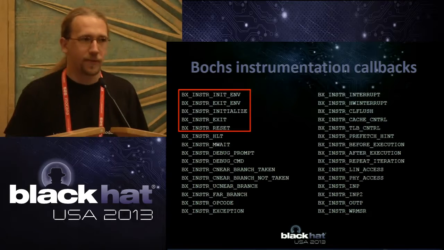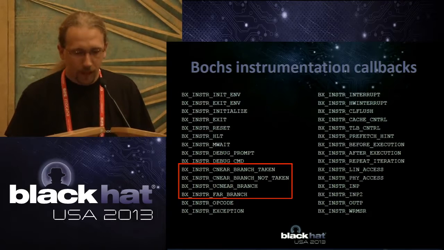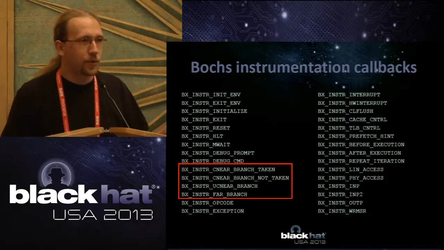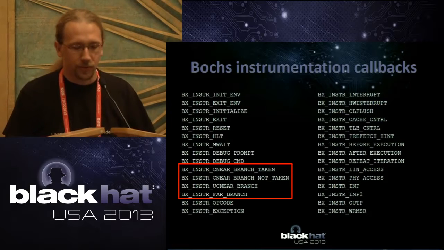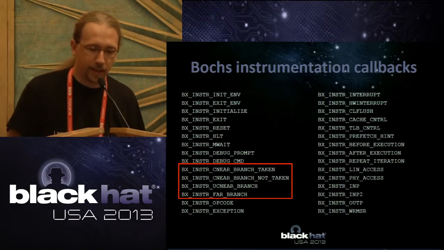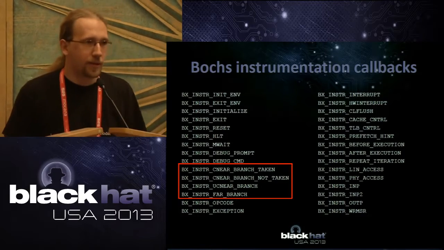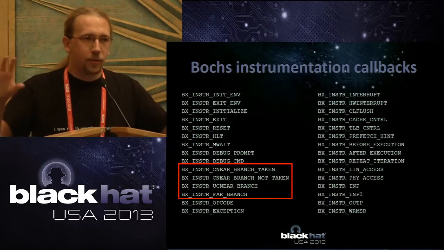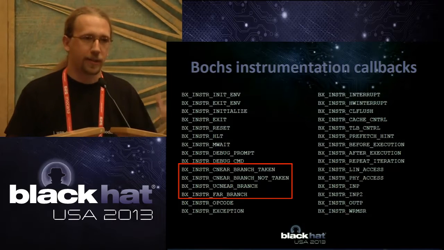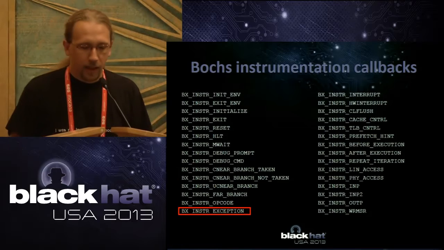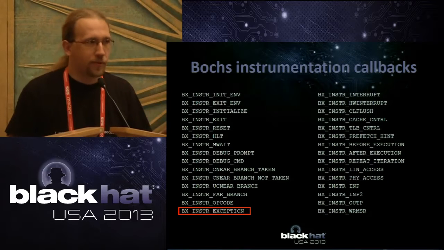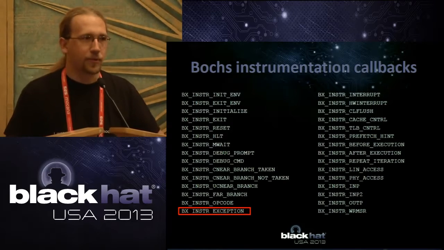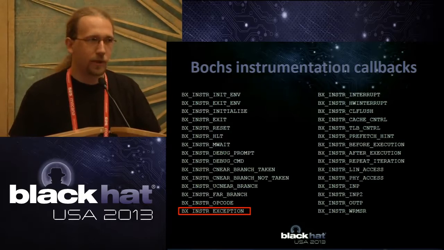You get one of these callbacks called. This is more interesting. This is basic block instrumentation. So there is branch taken, branch not taken, far branch, and so on. So you get an event when a jump happens in the guest machine. You get a callback. There's also, of course, instrumentation for exceptions. So when exceptions happen you get a callback, and you can check the state.